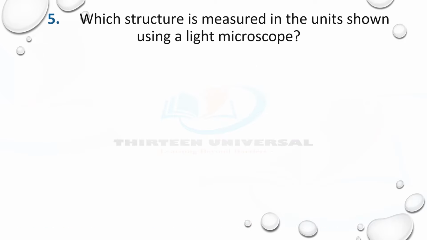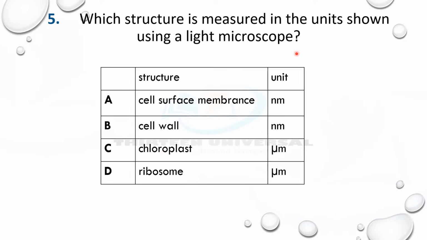Let's go to number 5 quickly. Which structure is measured in the units shown using a light microscope? This is very important. Now look at this. A light microscope cannot resolve the cell surface membrane; even though it exists, it can't see it clearly. It cannot see the cell wall clearly. It cannot see ribosomes clearly, because it has low resolution.